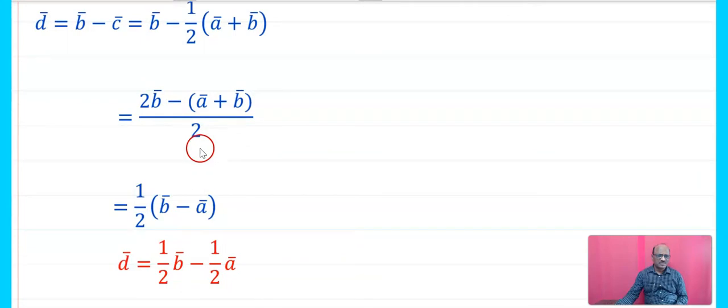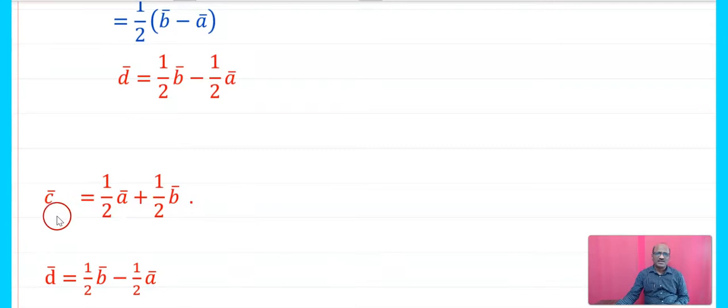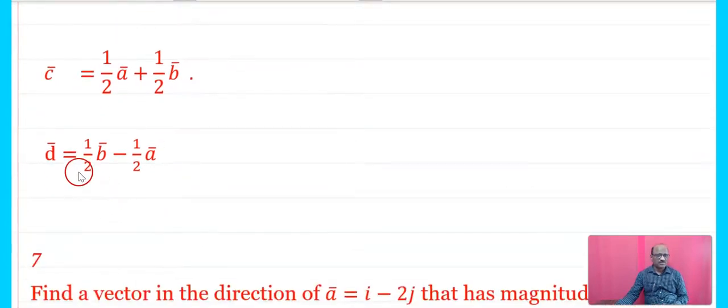And if we simplify it, then you will get 1 upon 2 in bracket B bar minus A bar, and that's why D bar is equal to 1 upon 2 B bar minus 1 upon 2 A bar. Hence C bar is equal to 1 upon 2 A bar plus 1 upon 2 B bar, and D bar is equal to 1 upon 2 B bar minus 1 upon 2 A bar.